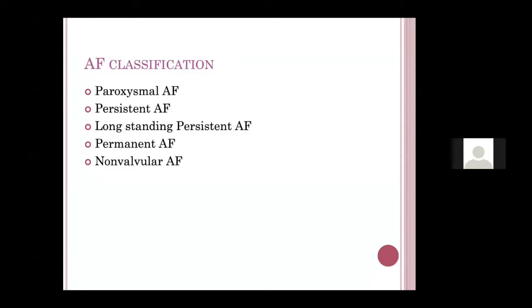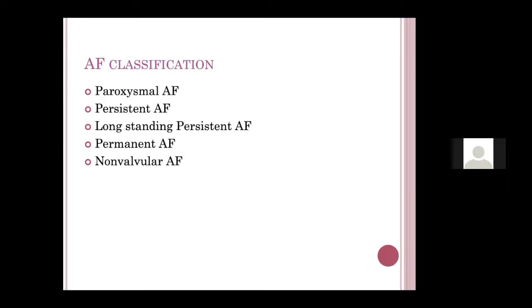Now, coming to the important clinical part of AF, we have the AF classification. This classification is very overlapping and sometimes confusing. But broadly, AF is classified as paroxysmal, which is one that lasts less than 7 days.